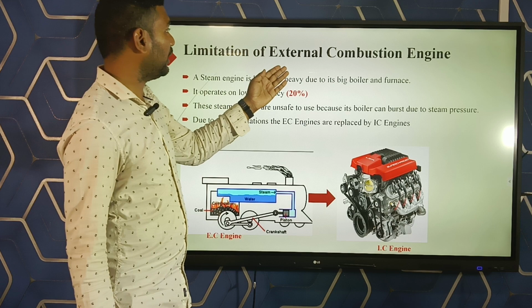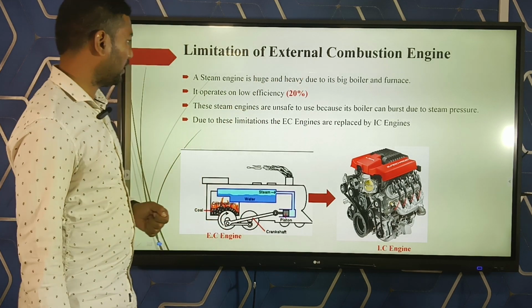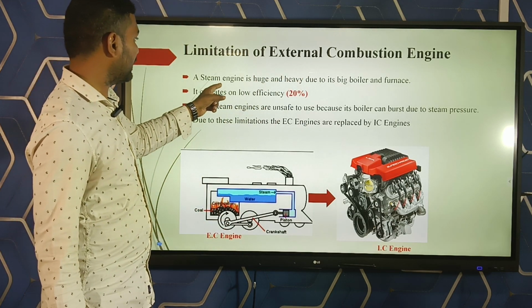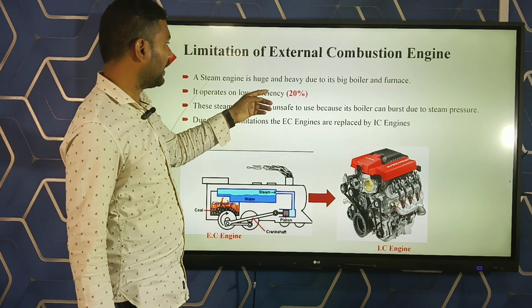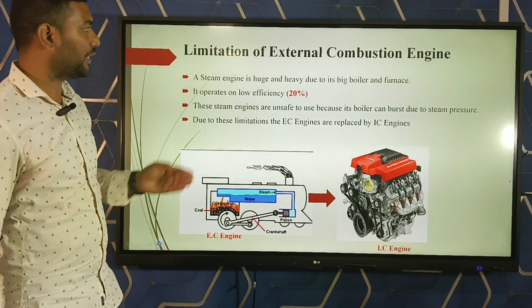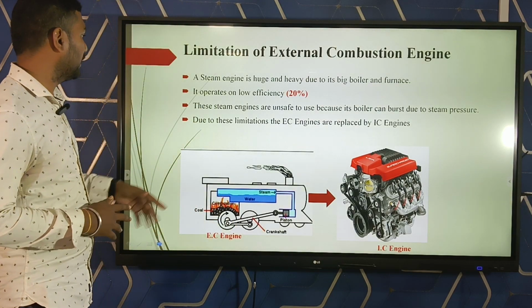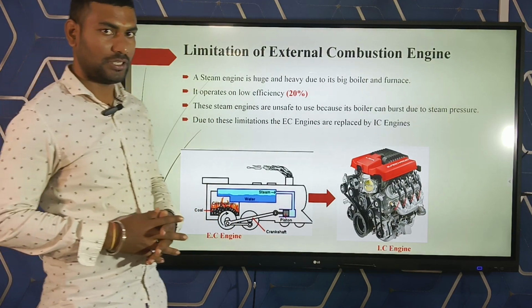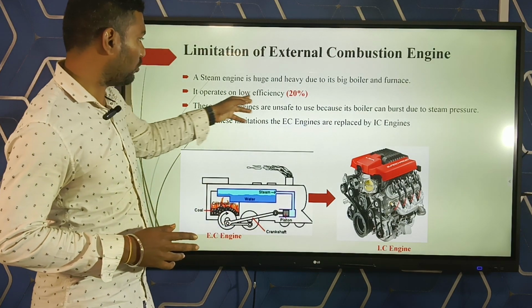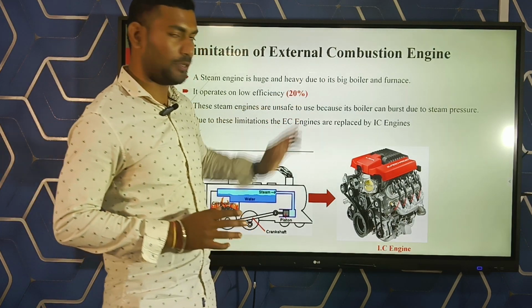Then, limitations of the external combustion engine. First point, a steam engine is huge and heavy due to its big boiler and furnace. The second point is that it operates at low efficiency, that means 20%.